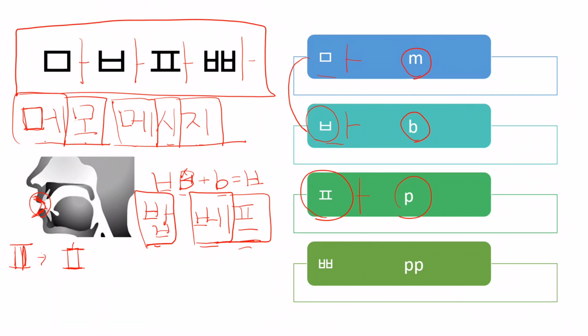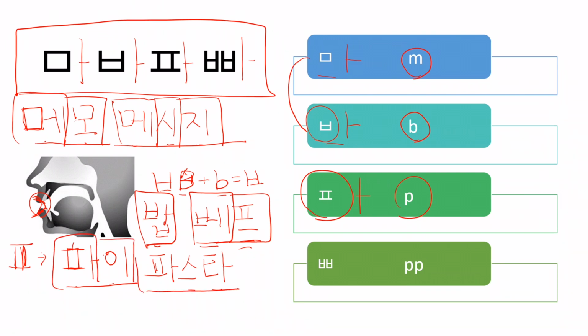Now let's go to the example words. 파이, pie, 파스타, pasta.